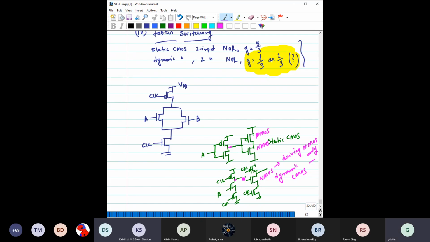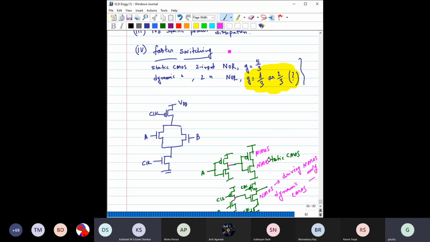However, for any gate implemented in dynamic CMOS logic, one gate has to drive only the next stage NMOS gates. So that way also you can understand why the switching would be faster. Number one reason is that the logical effort is lower, and the second reason is that it is driving only this NMOS.